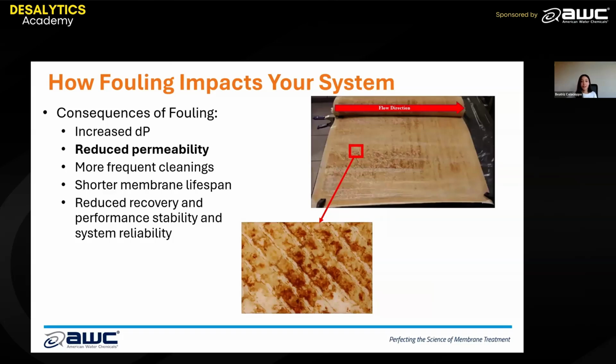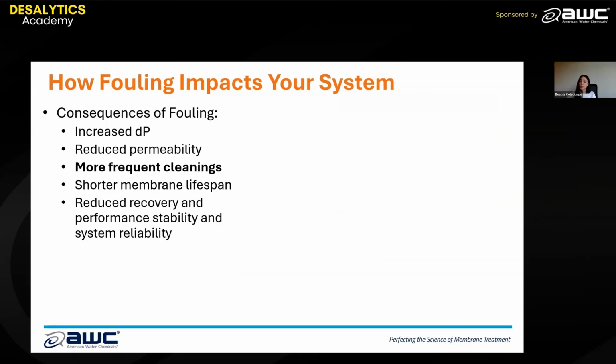Reduced permeability is another impact that the fouling can have on your system. And I'm showing here a membrane that's severely biofouled. And if you think about all of this solid covering the membrane surface, making more pressure to be required to push the same amount of water through that membrane, it's extremely inefficient, needs to be addressed. And then more frequent cleanings. I'll touch on this briefly now, but we'll talk about this more extensively down the line.